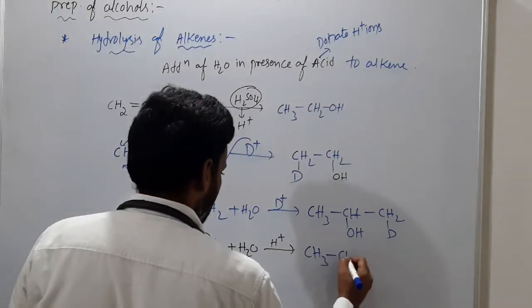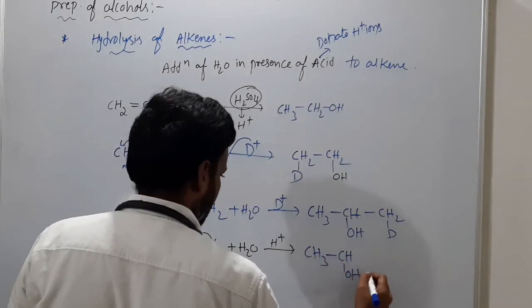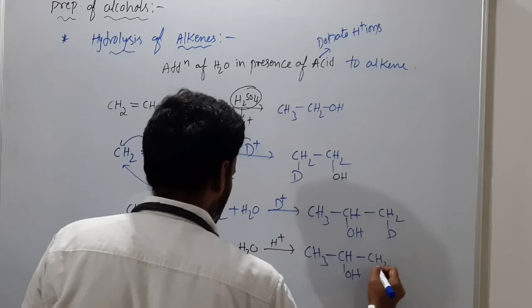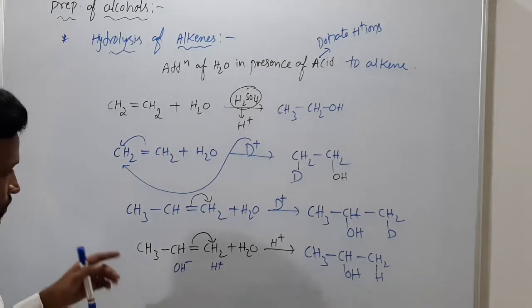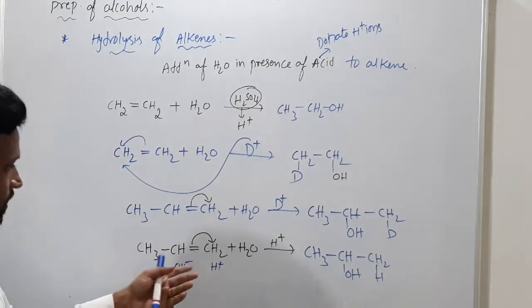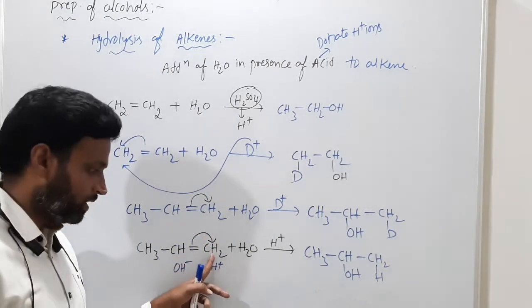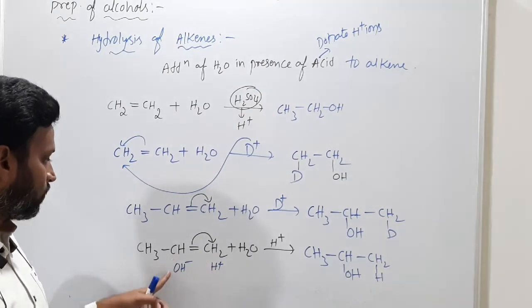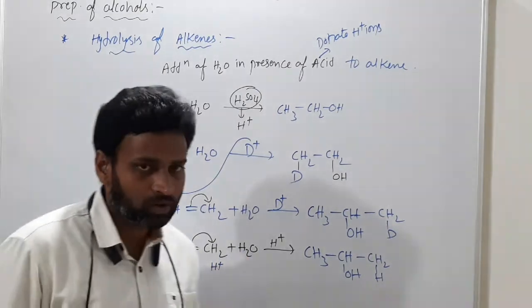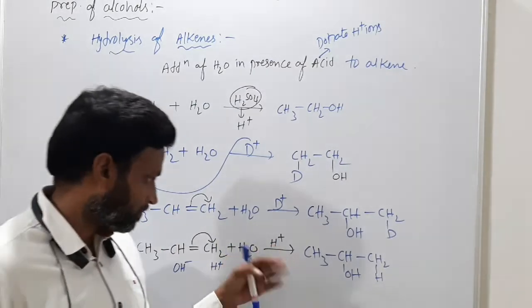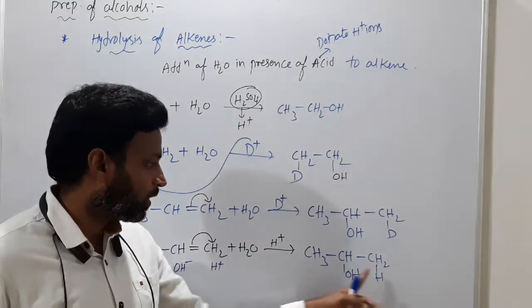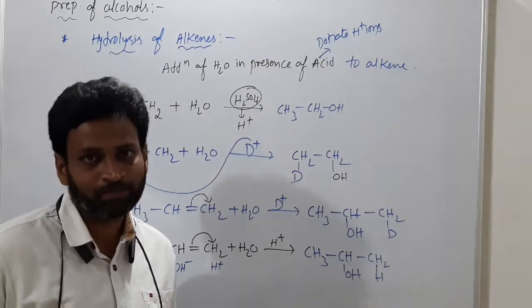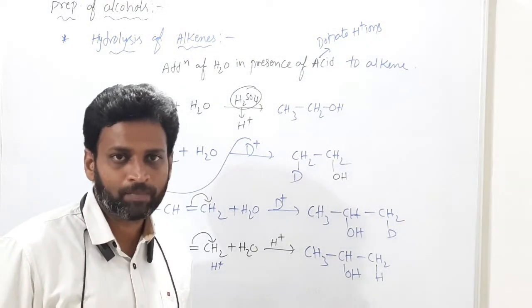So CH3, CH with OH, and CH2H. So this H plus, what was that? Oh sorry. Yeah, correct only. H plus will add on this and OH minus will add on this according to Markovnikov's rule. If you use peroxide, then what happens? If you use peroxide, OH here, H here, that's it. You know all these things.